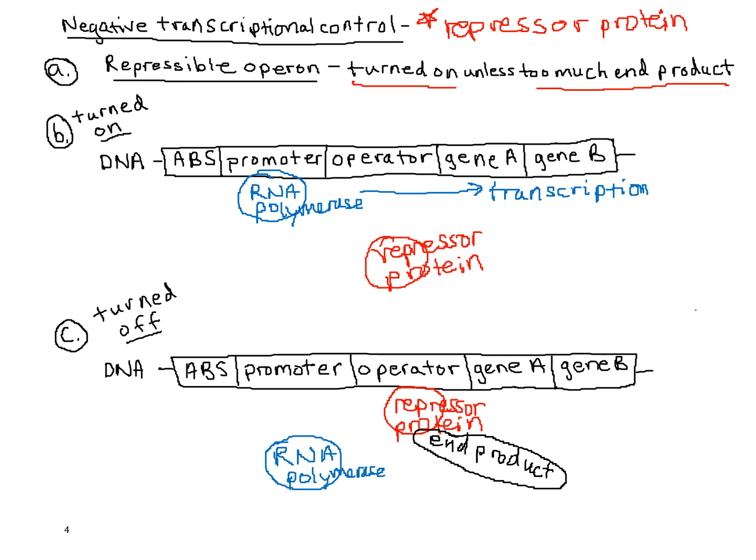So it's not able to do transcription, and that's going to turn off our operon, and we will not make those proteins that the operon is coding for. Okay, so that is negative transcriptional control of a repressible operon, how we turn the operon on and off using the repressor protein.